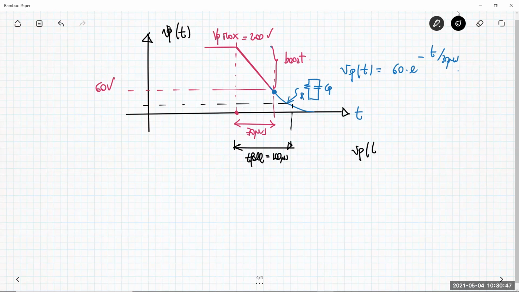Vp for t equal to 30 microsecond is 60 multiplied by e to the minus 30 microsecond over 30 microsecond, which is the time constant. So this is 60 e to the minus 1, which is 22 volt. So here we have 22 volt. In our ideal situation, after the fall of 100 microsecond, we should have 0.